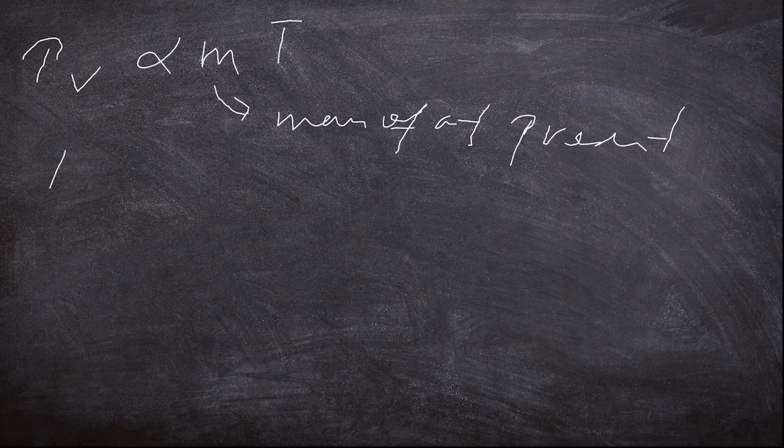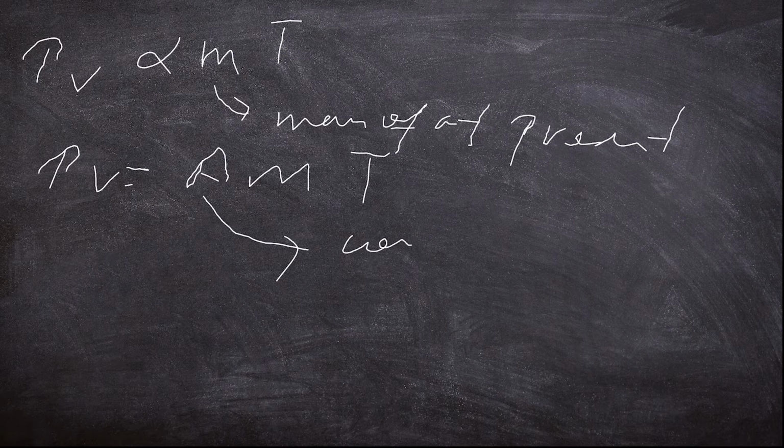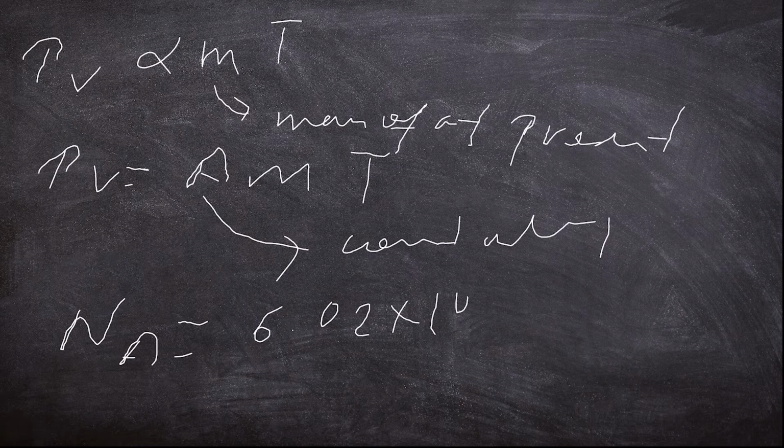This can be written in equation form as PV equals a times mT, where a is the constant of proportionality, and we use the Avogadro constant. The Avogadro constant is 6.02 into 10 to the power 23 per mole.